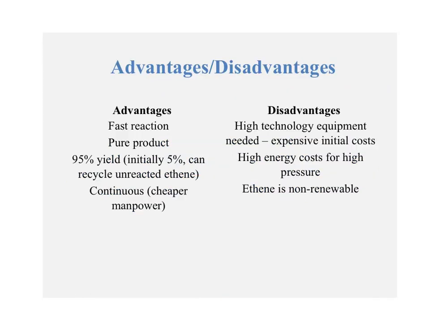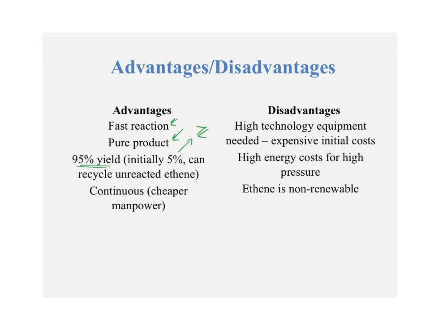This has got, again, advantages and disadvantages. Now, obviously, the advantage is that it's very, very pure. Okay, and it's very quick as well. All you've got to do is pass some steam through it. And most importantly, we've got a very high yield overall. Now, this yield starts at about 5%, but remember, it's a reversible reaction.